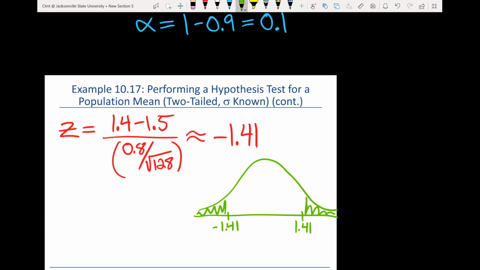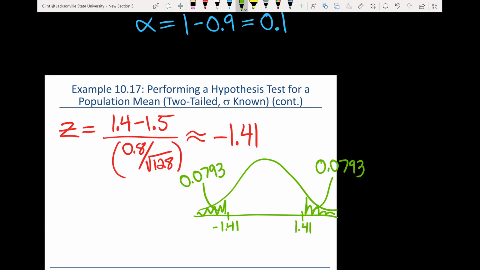In my opinion, the way our tables are set up, the easiest thing to look for is the area to the left of negative 1.41. If we find that area, that's this tail. It's 0.0793. So that means this area is also going to be 0.0793.